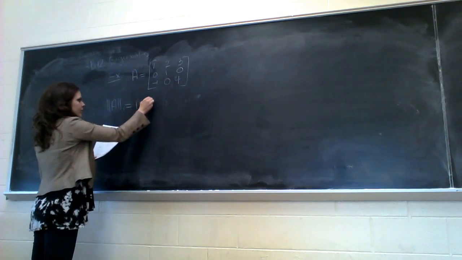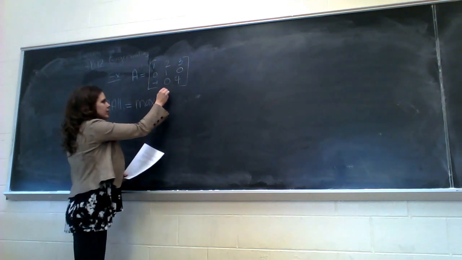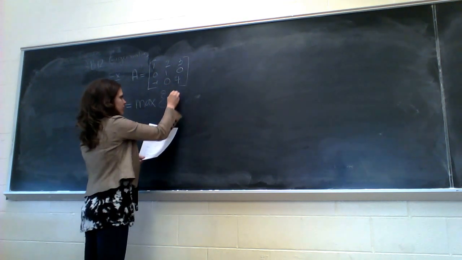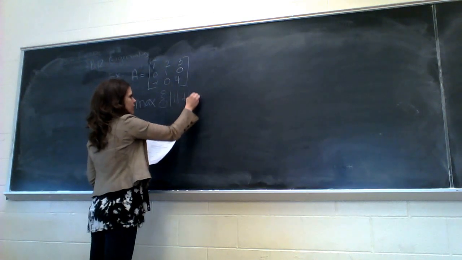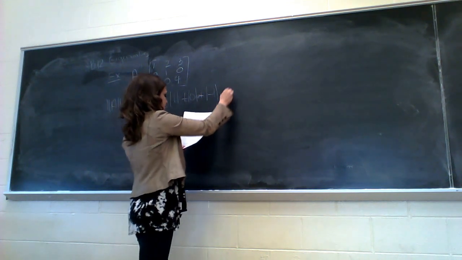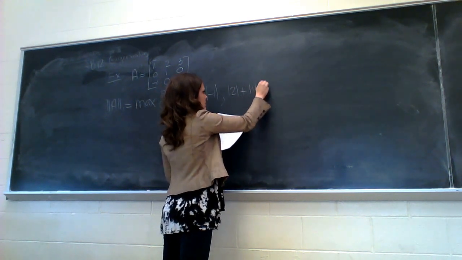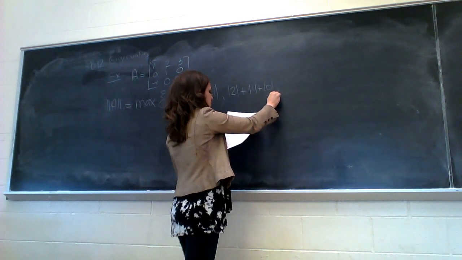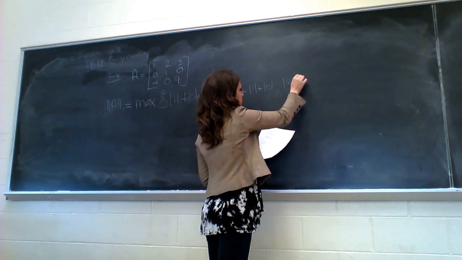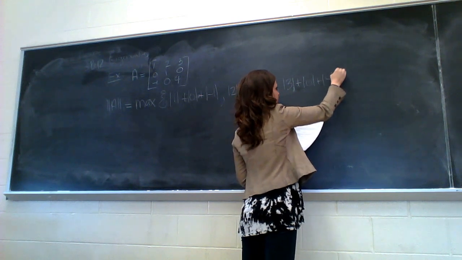So the one norm is going to be the maximum column sum. So I'm just going to take the maximum sum of each of these columns. So we have absolute value of 1 plus absolute value of 0 plus absolute value of negative 1, or absolute value of 2 plus absolute value of 1 plus absolute value of 0, or absolute value of 3, 0, and 4.